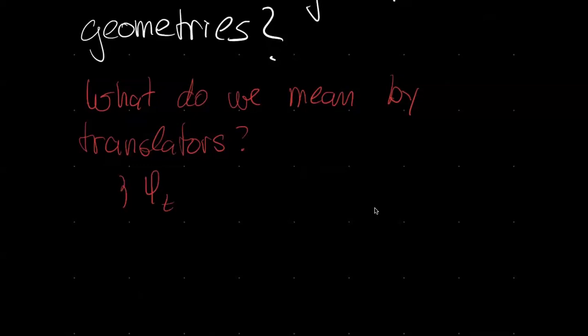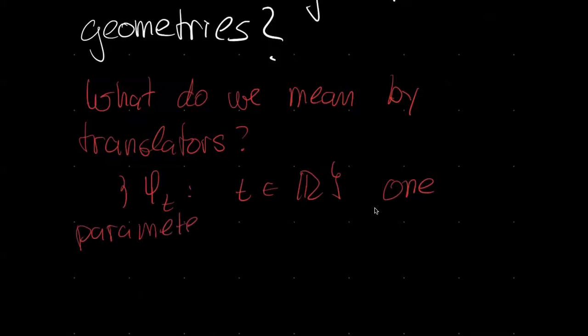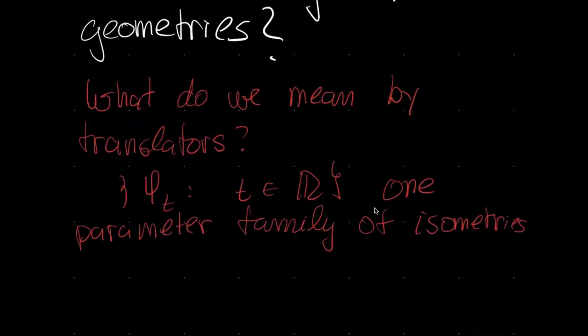So the idea is that we have a one-parameter family of isometries, and we want M at time t to be defined as this isometry applied to the initial time.